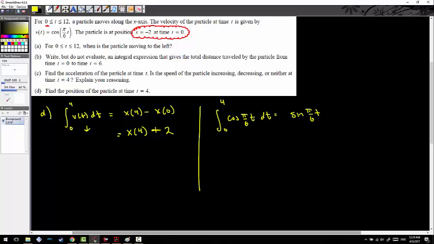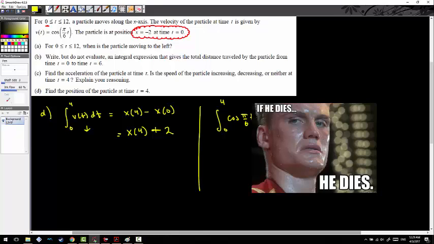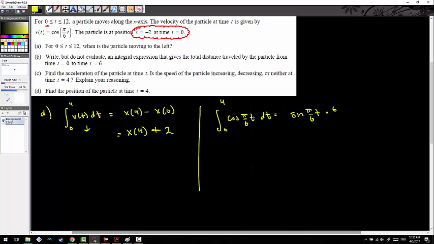So I need something on the outside that would allow this extra pi over 6 to cancel out. So I'm going to multiply it by 6 over pi. And that gives me 6 over pi sine of pi over 6t from 0 to 4.